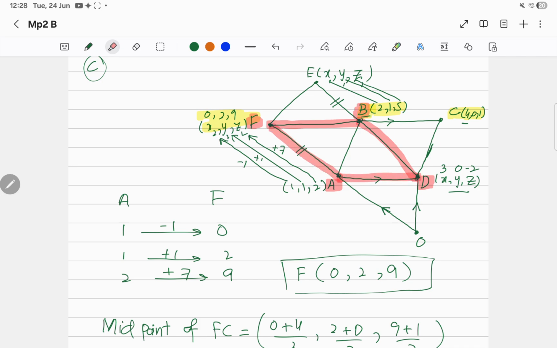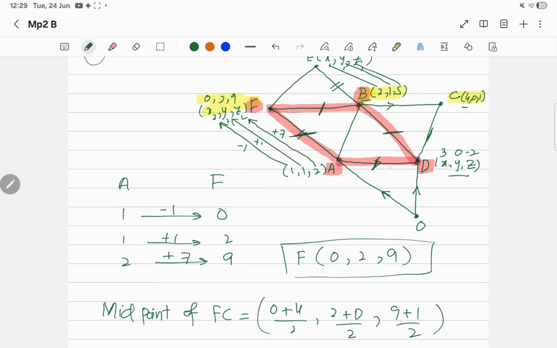If you can prove this length is the same as this, and this one is the same as this, and these are already parallel, so if you can prove that these are equal as well, then you can say this is a parallelogram.